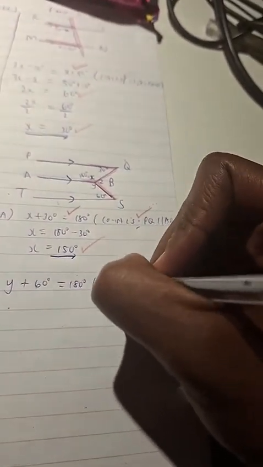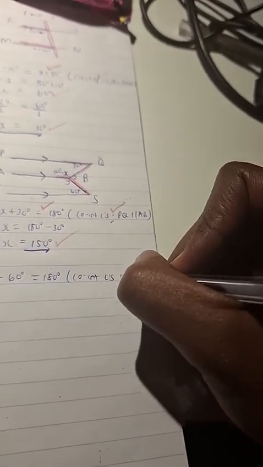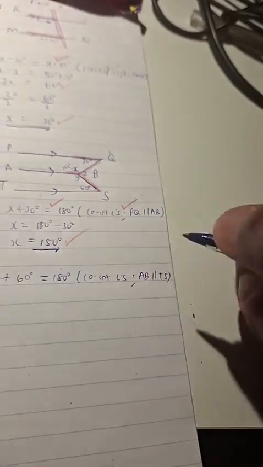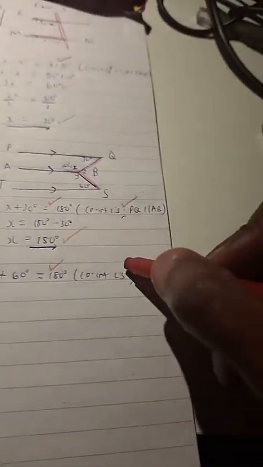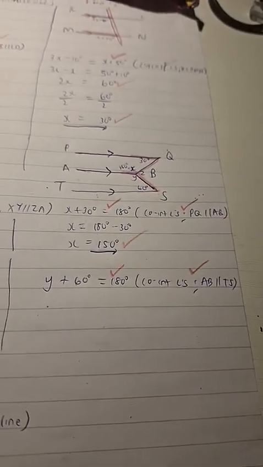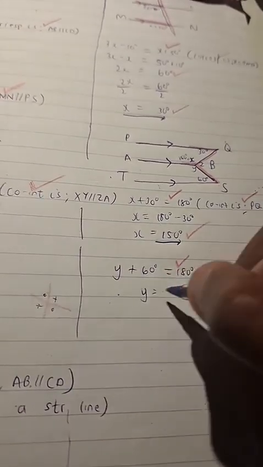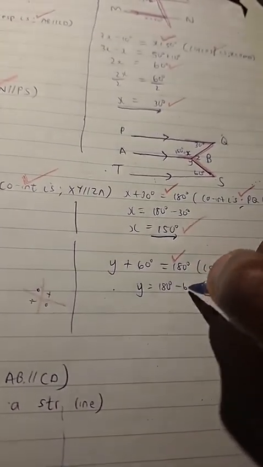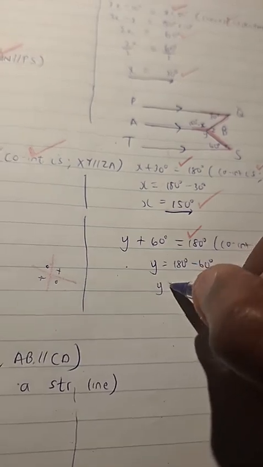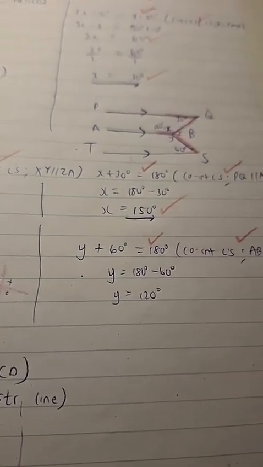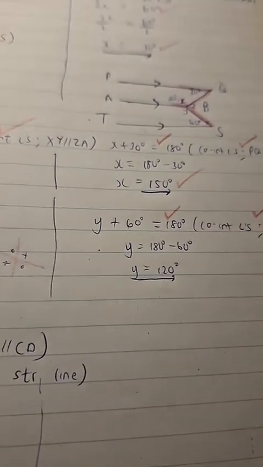Reason: co-interior angles, parallel lines, AB parallel to TS. So we have a statement, reason. Then we can solve for Y. Y is equal to 180 minus 60 degrees. 180 minus 60 is 120. So Y is equal to 120.